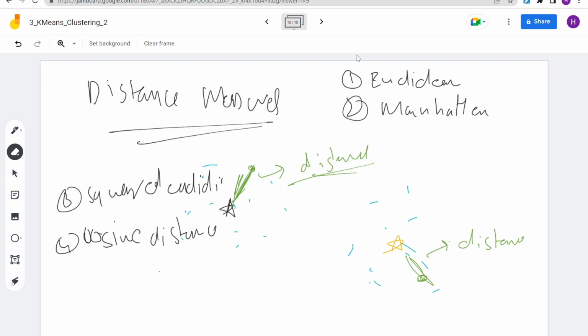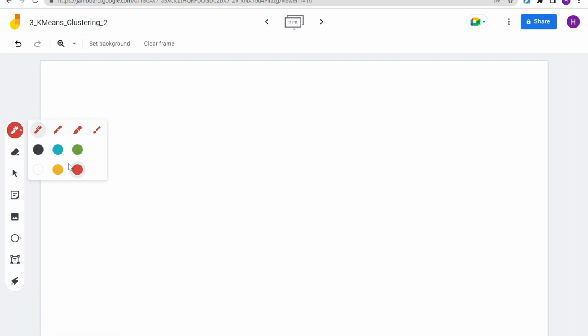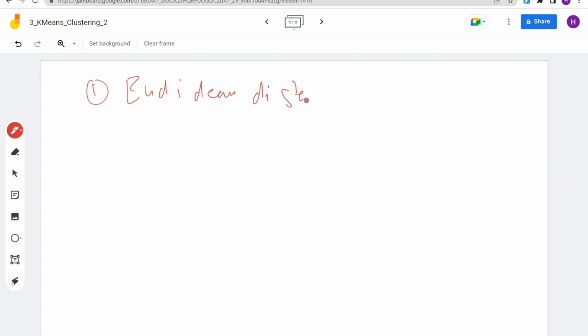Okay, so first we'll look at what Euclidean distance is. I'll try to show you diagrammatically. Basically, these are 2 points.